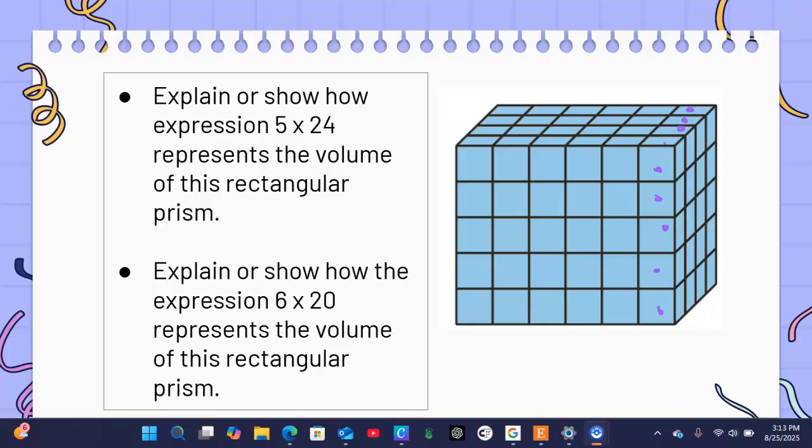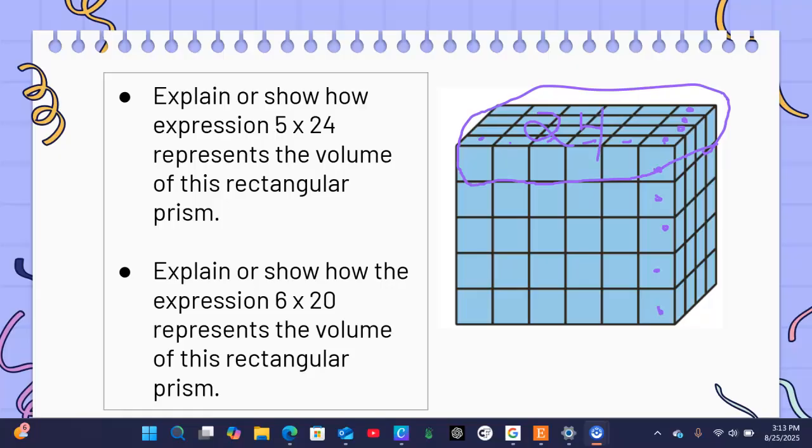Okay, so here's my side that has 4. Now let me see if I can find 6. Let's see if this is 6 right here. Let's count this up. 1, 2, 3, 4, 5, 6. So this top layer is all 24 cubes. The total is 24 cubes right here.